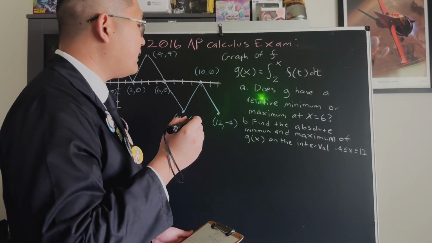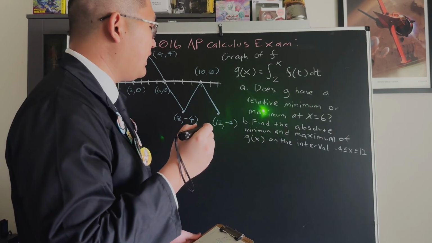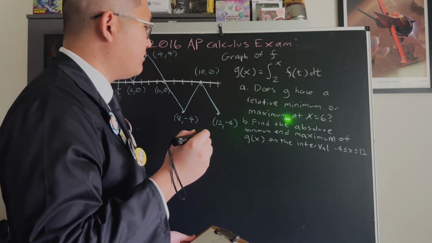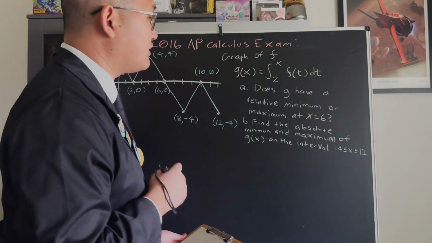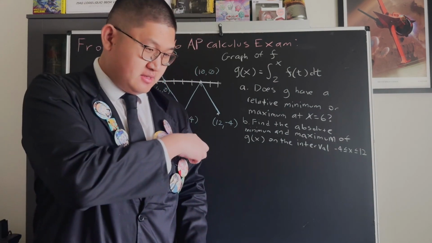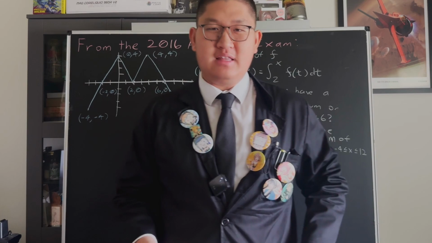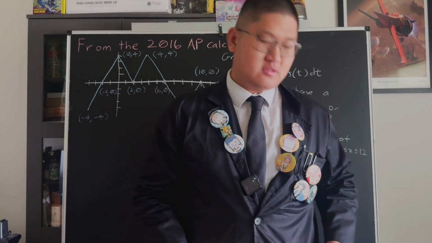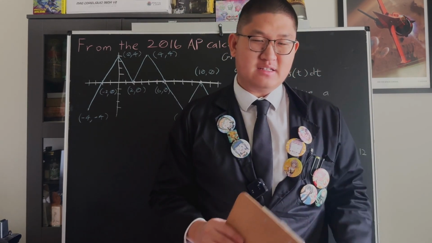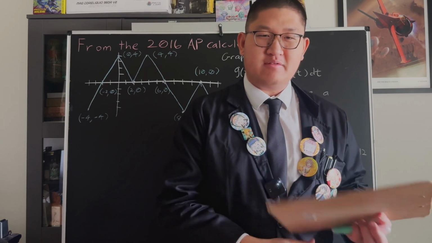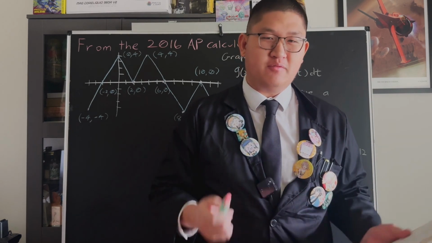They are asking us if g has a relative minimum or maximum at x equal to 6. That's quite a bit going on, but it should be something we are able to start deciphering with all of the knowledge of calculus that we know beforehand.